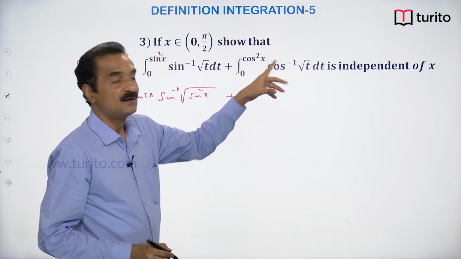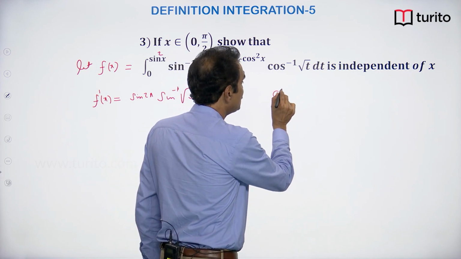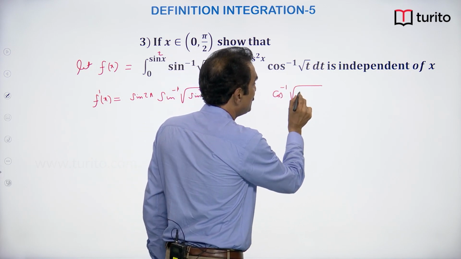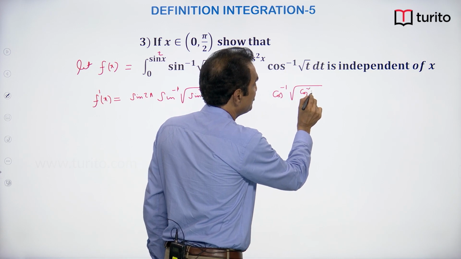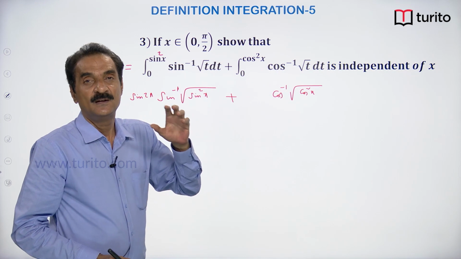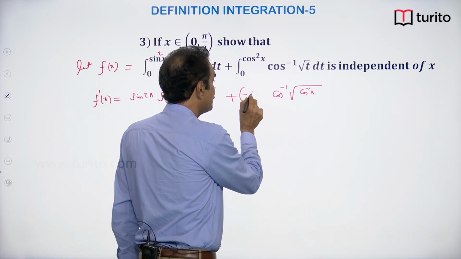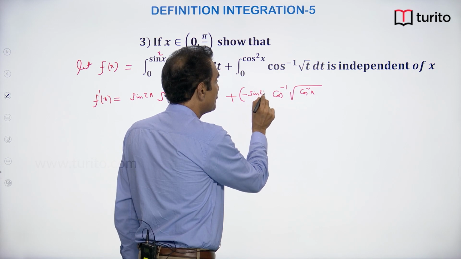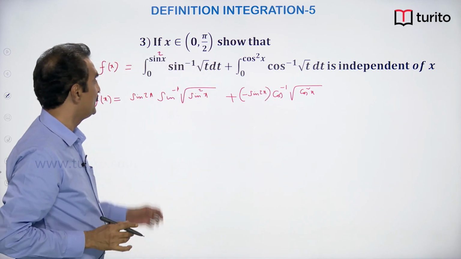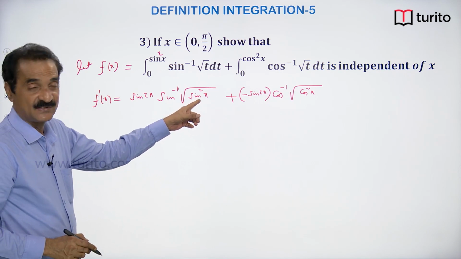replace t by upper limit cos square x, it will be cos inverse of root cos square x, then multiply by the derivative of cos square x. The derivative of cos square x is minus sin 2x. Now root over sin square x is sin x.